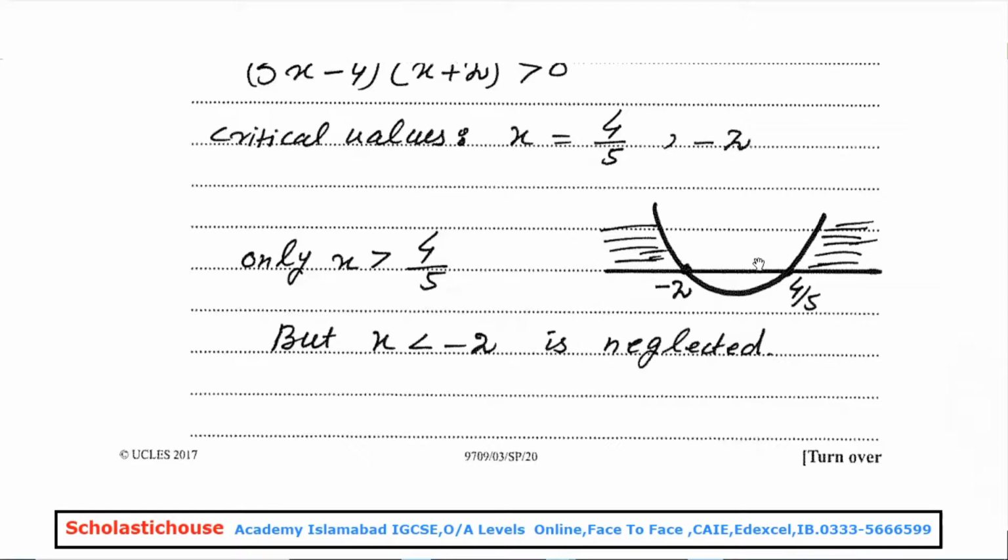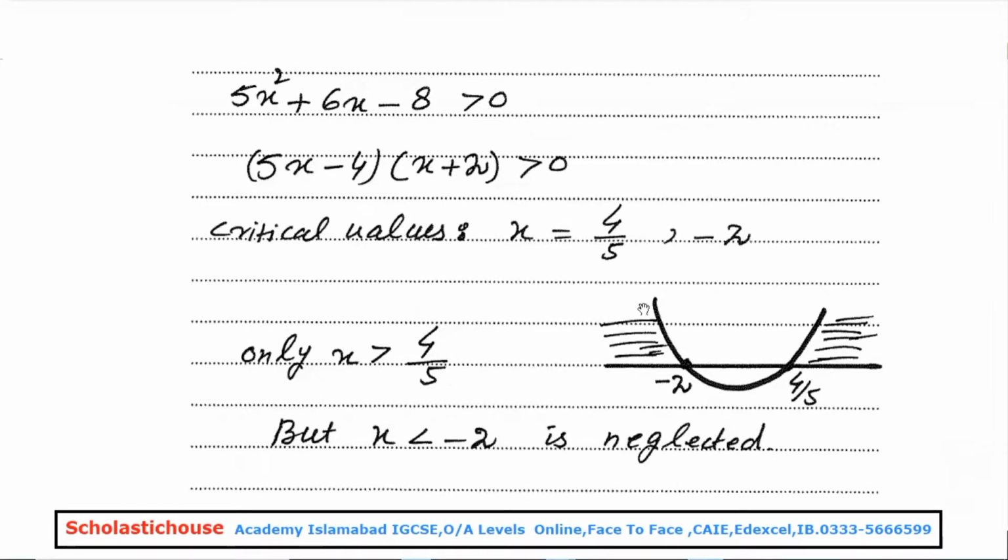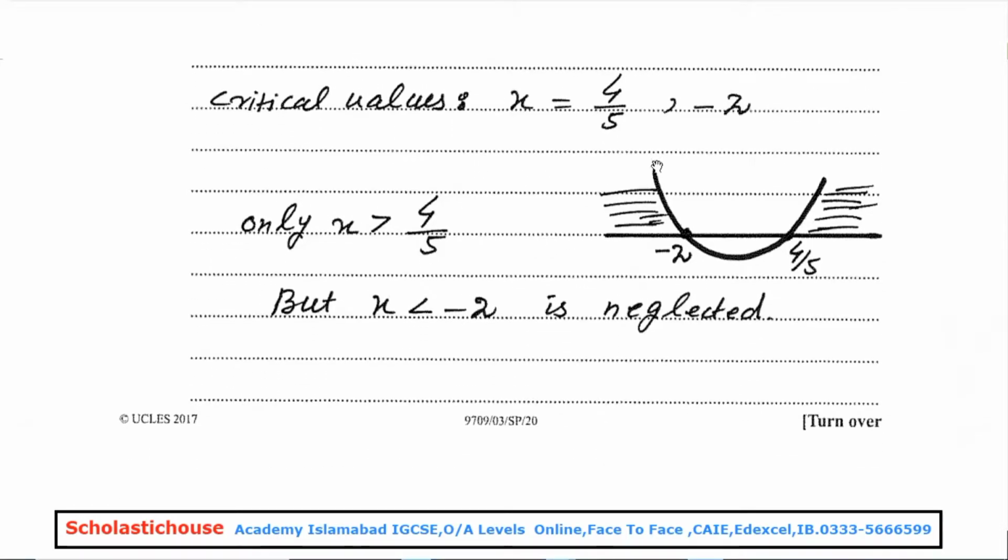So this is an imaginary x-axis. Due to the quadratic, I draw a parabola. The bigger value is on the right side and the smaller value is on the left side. Due to the greater than sign, the answer should be x is greater than 4 over 5 and x is less than minus 2.